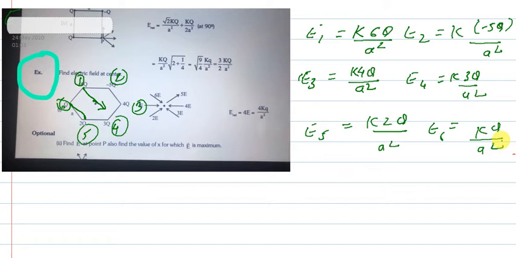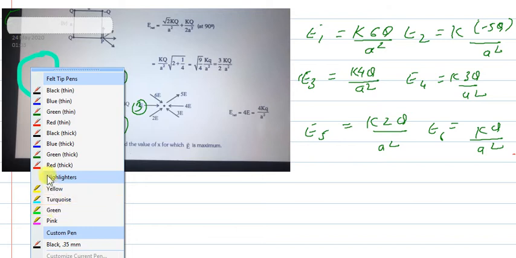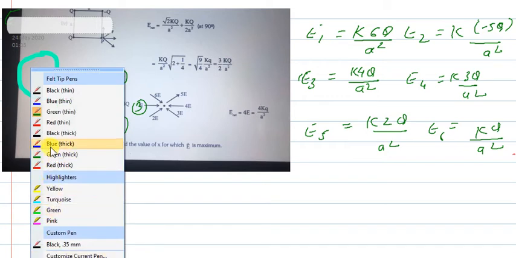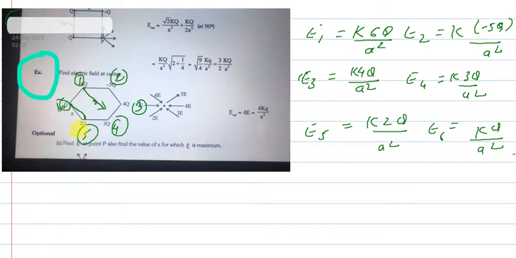Okay. Now look at the diagram. Charge 1, that is 6Q, and charge number 4, that is 3Q. They will have opposite electric fields. See here. Because of this 6Q charge, let me choose red color.